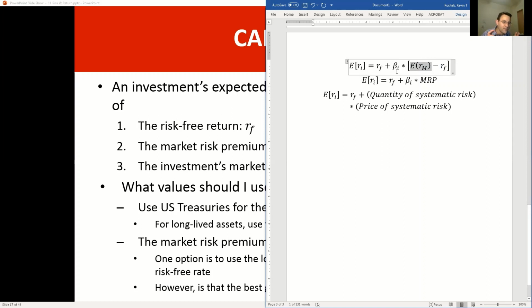Right? That's the price of systematic risk. The quantity of systematic risk is how much systematic risk your particular investment is taking. So you put these two things together to get the premium over the risk-free rate, and that gives us the expected return on your asset I.